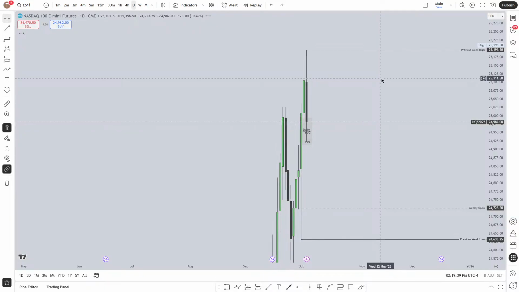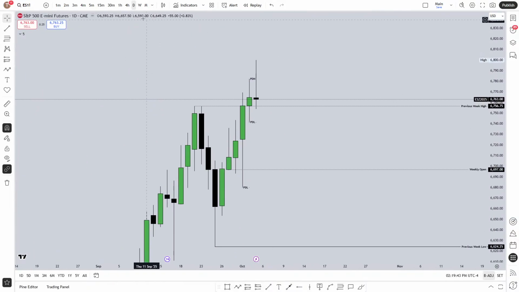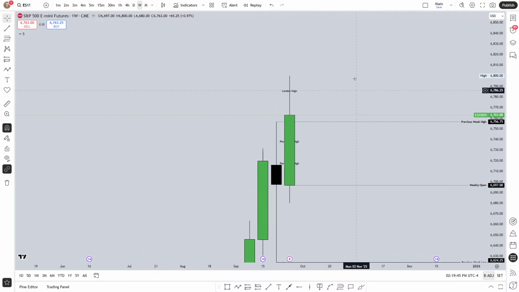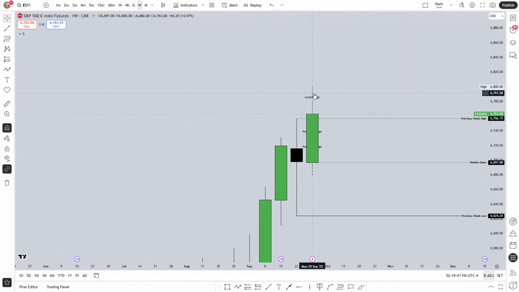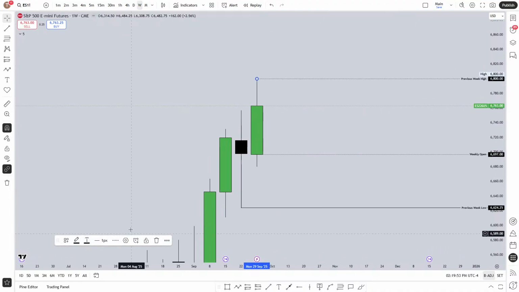Well, let's head over to ES now and kind of start to compare things. Just doing the very same thing. I start out on my weekly, get all these out of the way, and just marking out the weekly highs and lows.